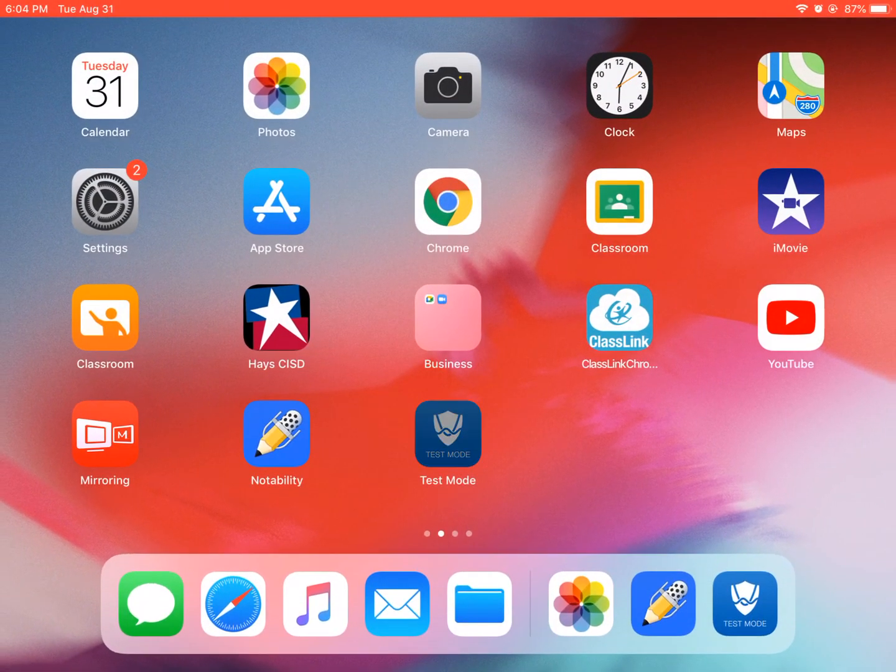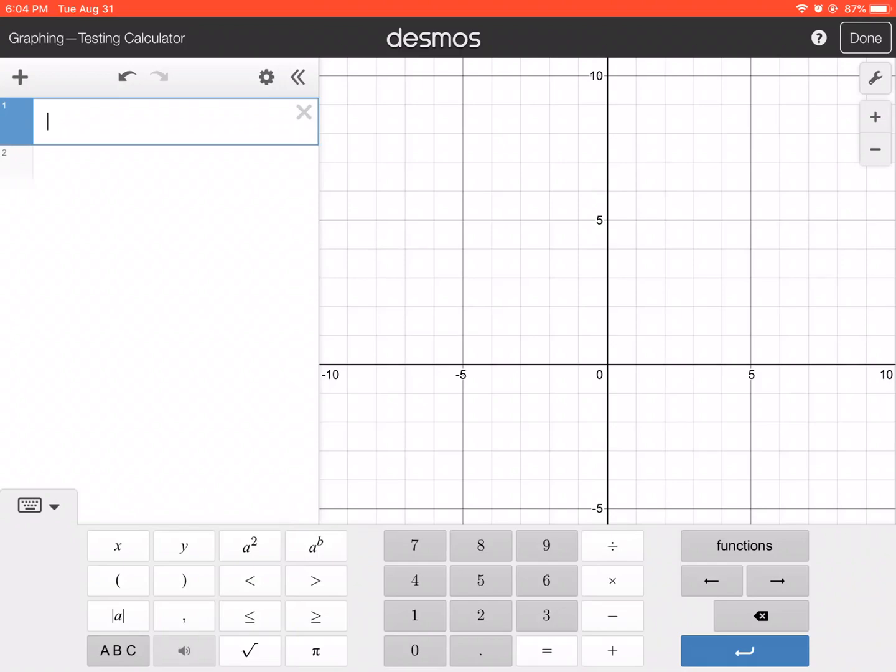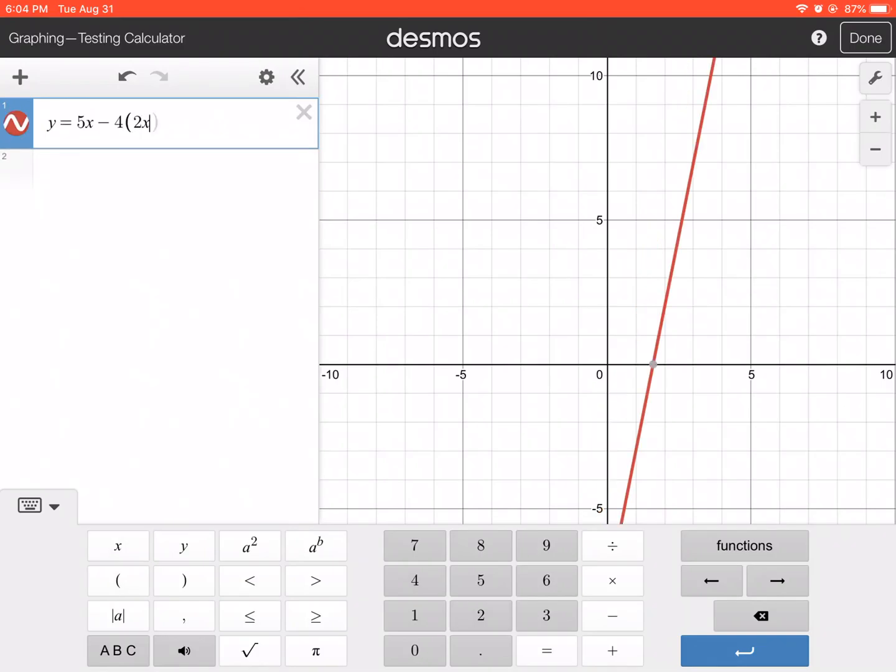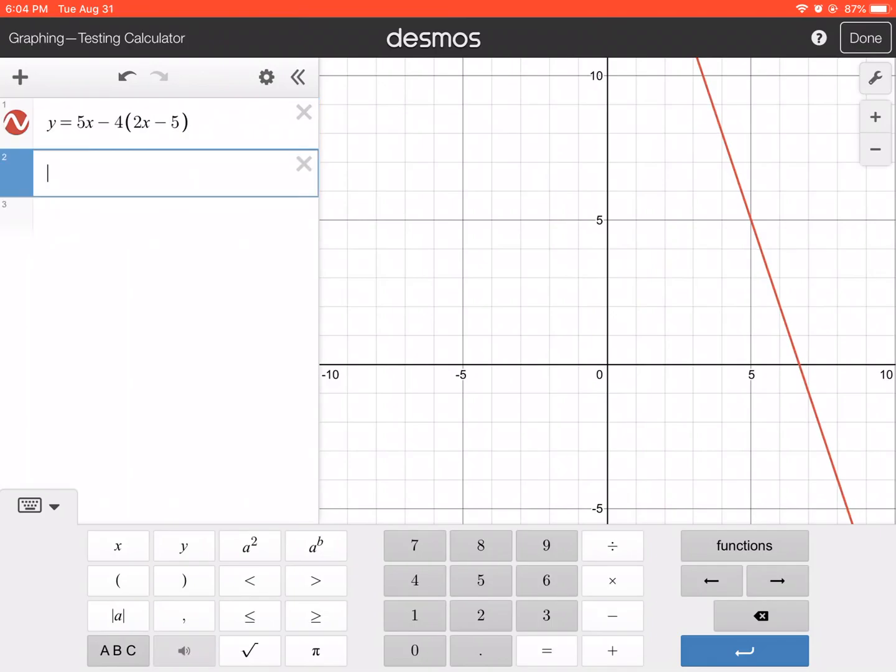So let's go to Desmos, and we are going to type in y equals, and then the left side, 5x minus 4 parentheses 2x minus 5. And then we're going to type in the right side of the equal sign, again with y equals 2x minus 10.